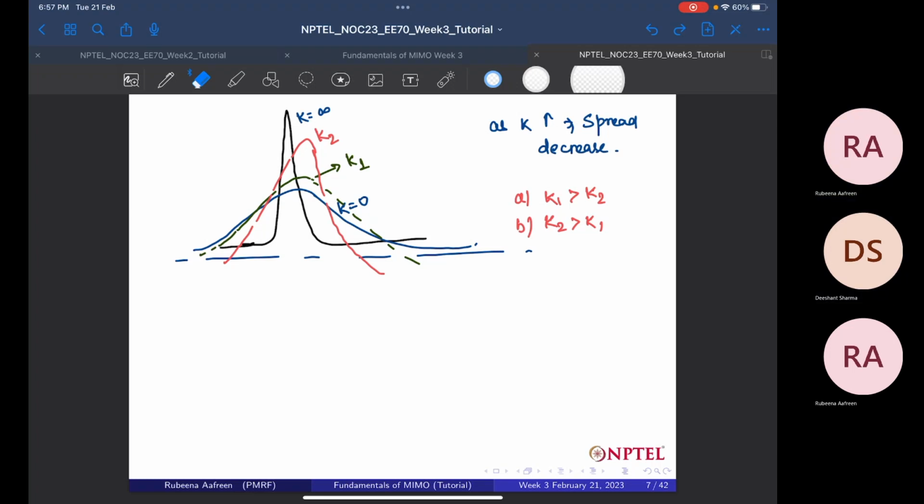Yes, ma'am. Correct. Now you see this green curve, and you see this pink curve. Which of these has less fading, less spread? Less spread in K2, right? Yes, ma'am, less variance. So here K2 should be greater than K1 or K1 should be greater than K2? See this, as K is increasing, the spread will decrease.